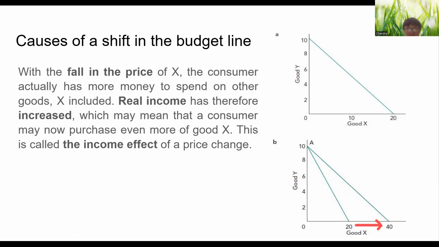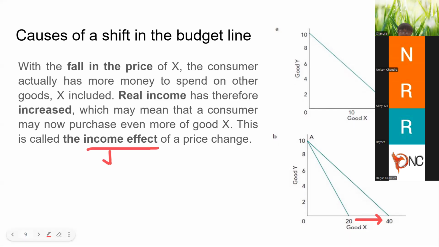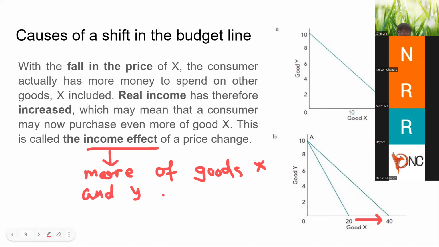That means that overall they are going to be able to buy more of goods X and goods Y. That is what's going to happen. That is called income effect.